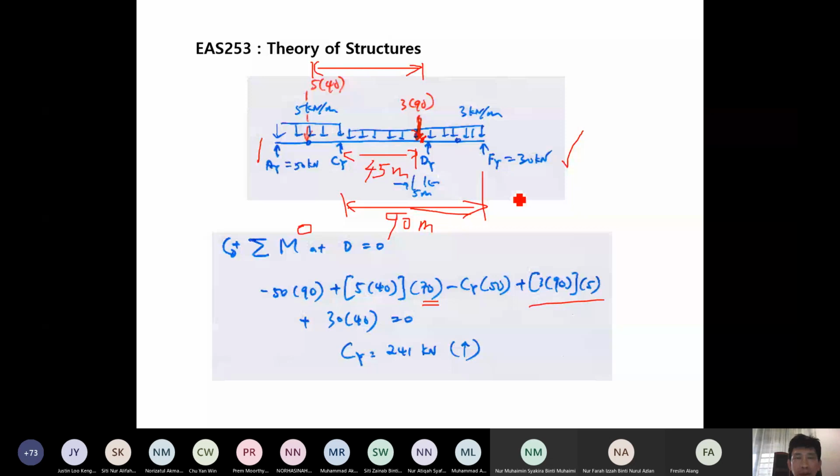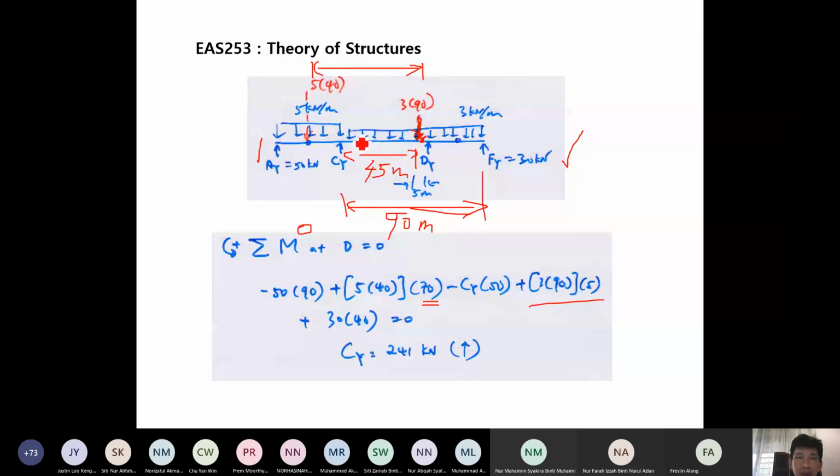But this is where you have to keep in mind, you want to take moment at D. So this is 45. And from here, CD, the distance is 50. So 50 minus 45, so you get 5 meter. So this is the perpendicular distance of this force equivalent to this distributed load to point D, which is 5.